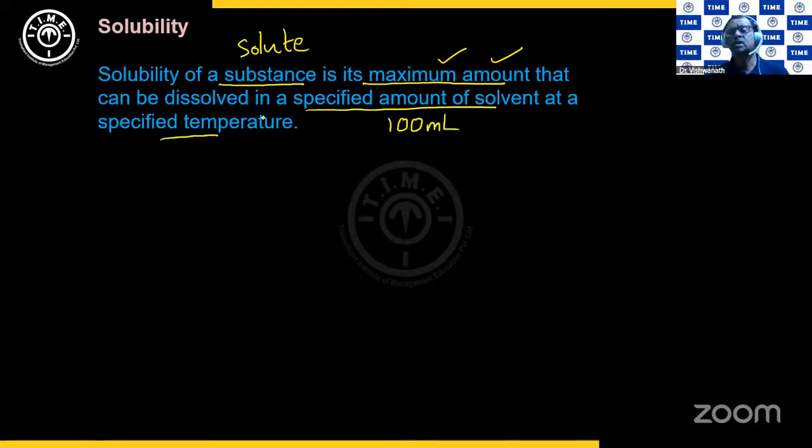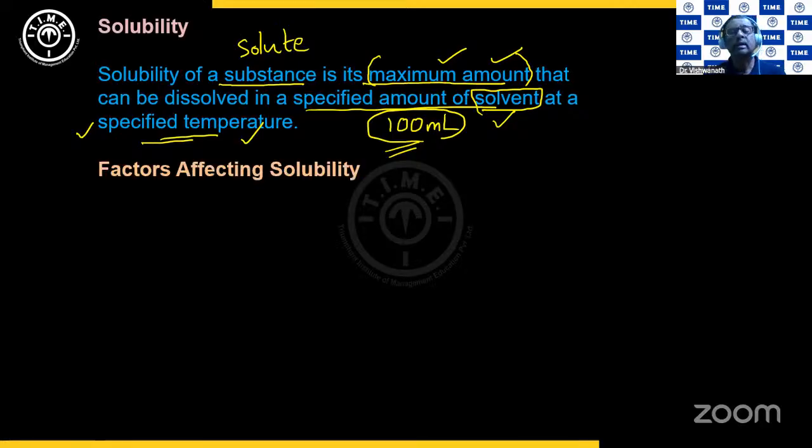The temperature also has to be specified because solubility depends on temperature. So if you change the amount of solvent, the amount of solute that is going to get into it is also going to change. Similarly, if you change the temperature, the solubility is also going to change.